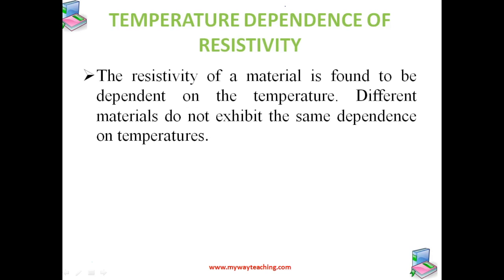Different materials do not exhibit the same dependence on temperature. Obviously, it depends on various other factors also. Some materials behave differently with temperature, which means they exhibit a different kind or different amount of dependence on temperature.